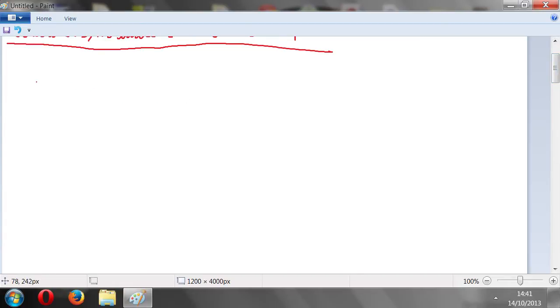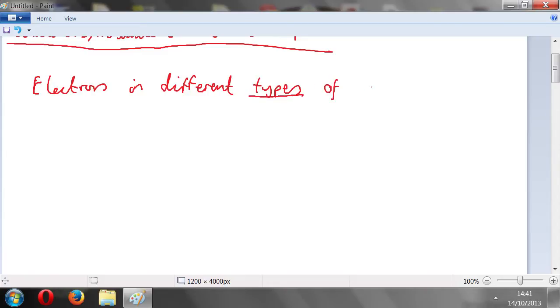So basically, electrons in different types of atoms have different degrees of freedom.